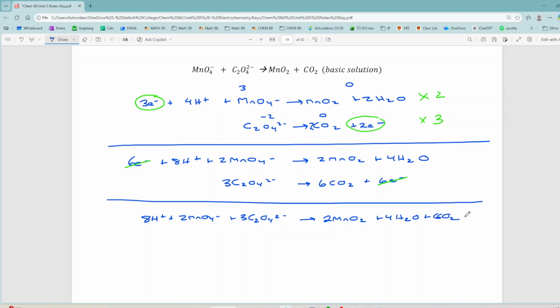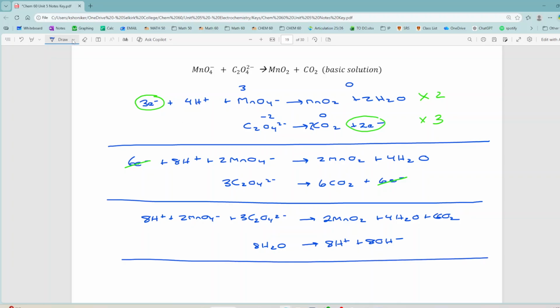Okay, don't forget, this was basic. So I've done everything. I've simplified it for an acidic solution, and then I just have to make it basic. So since I have 8 hydrogens on the left, I'm going to put 8 hydrogens on the right with the 8 hydroxides, and that's going to come from 8 waters.